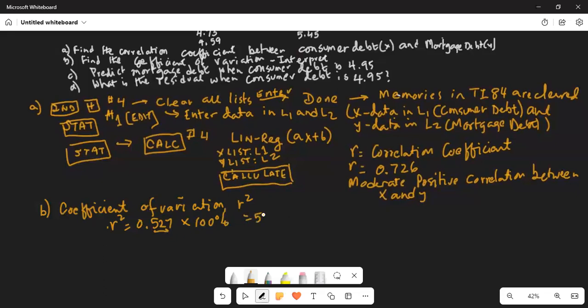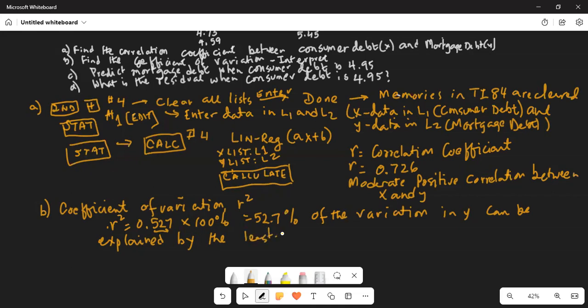It becomes 52.7% of the variation in Y can be explained by the least square regression line, or regression model, you might say.